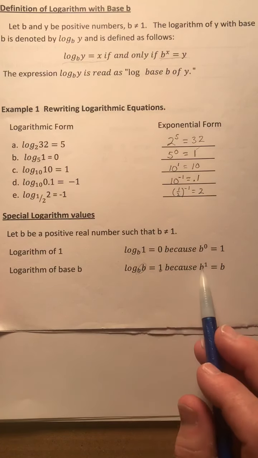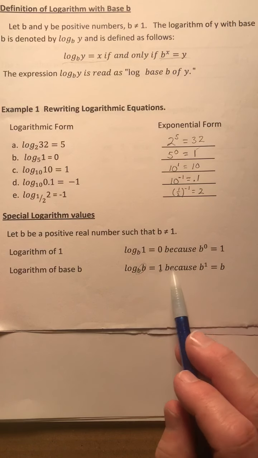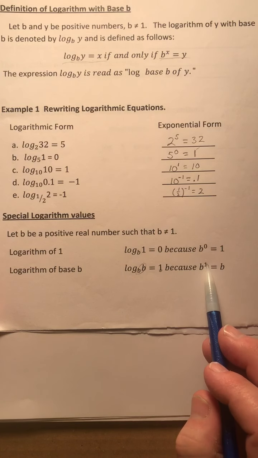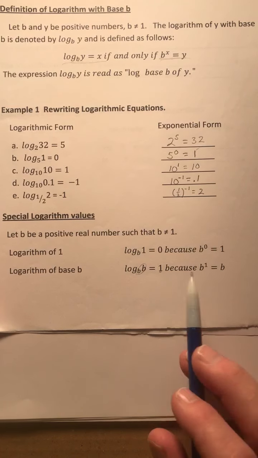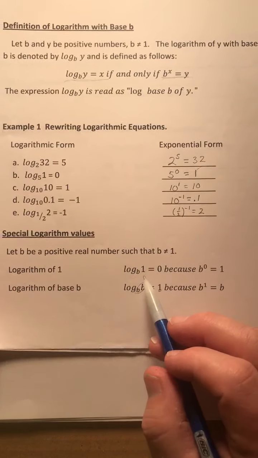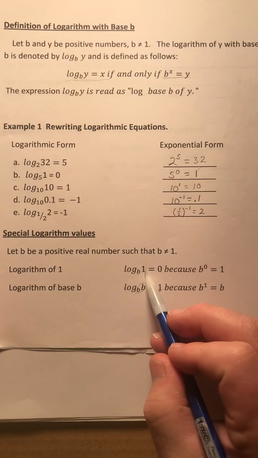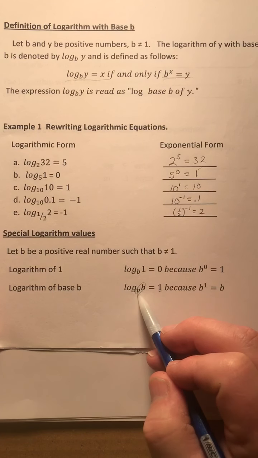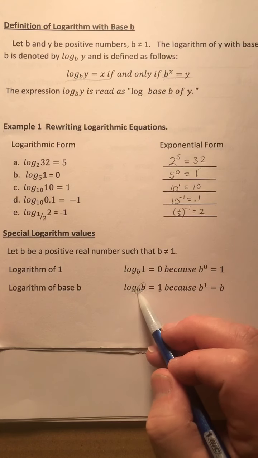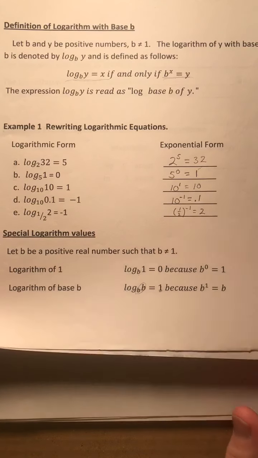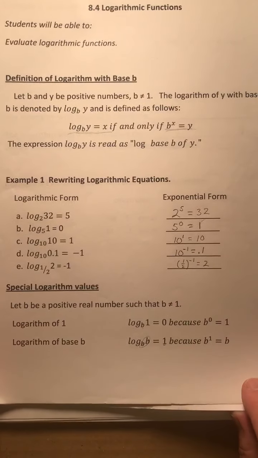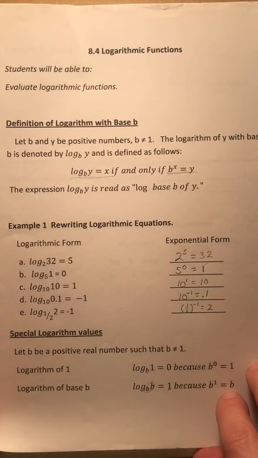Because remember, this is your base and this is the exponent, so whatever this is to the first power is always going to be whatever that is. So those are some special ones. Log base b of 1 is always going to be 0, and whenever the base and the number we're taking the log of are the same, it's always going to be 1. Those are two things you have to remember about logs.